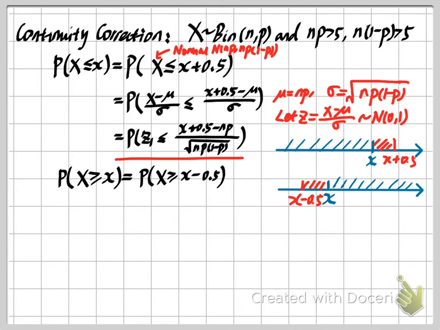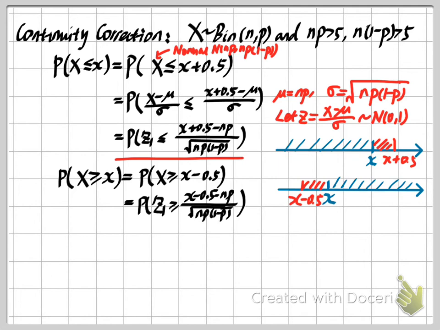Okay, and then to compute this we need the standardization. So it's capital Z greater or equal to x minus 0.5 minus our mean, divided by the standard deviation, the square root of np(1 minus p).